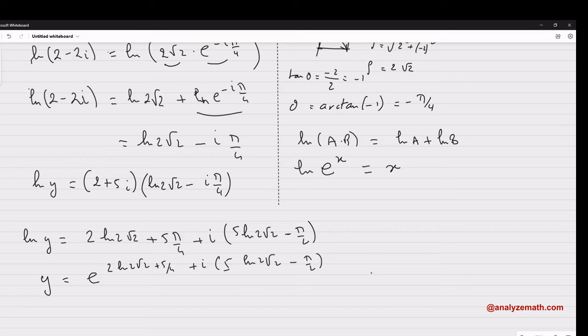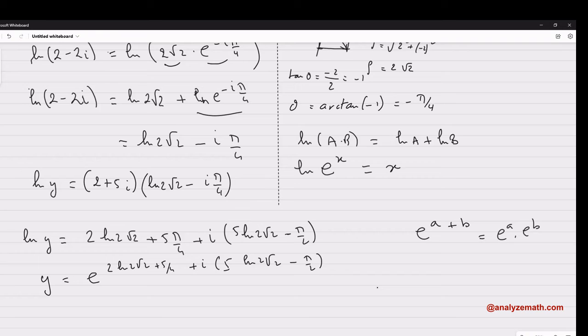Now we have the form e to the power a plus b. That will give me e^a multiplied by e^b. So if you want, this is the small a and this is the b.